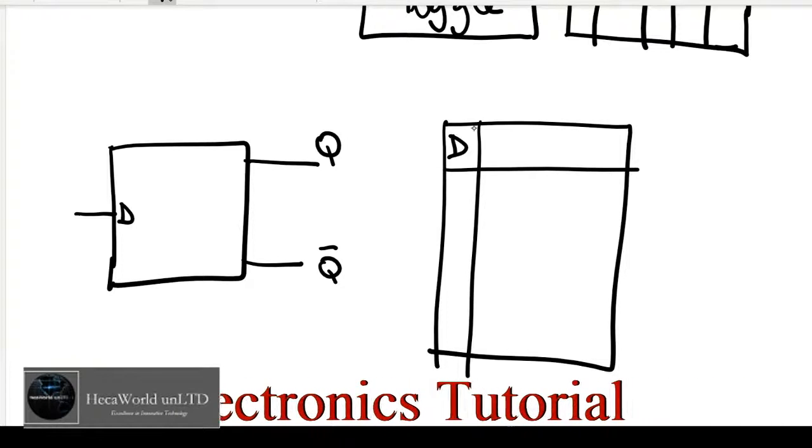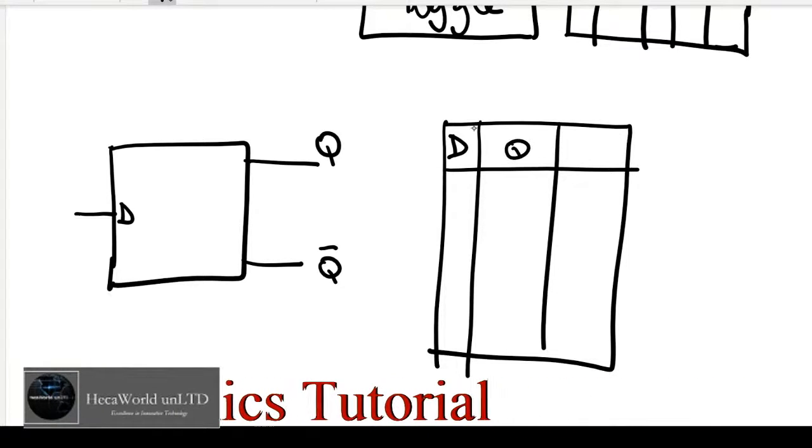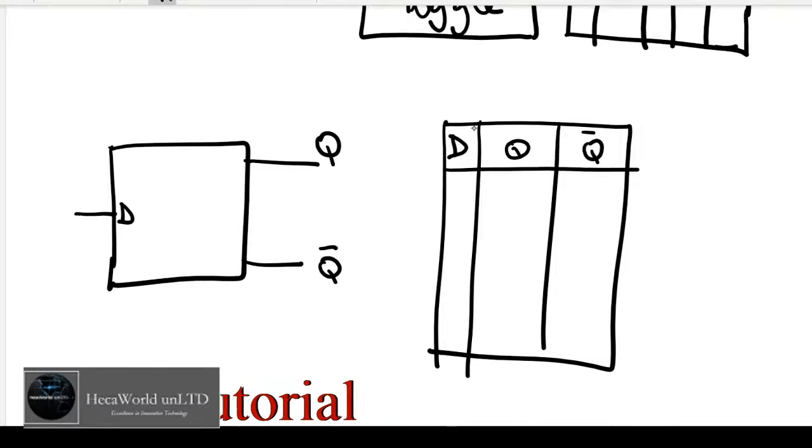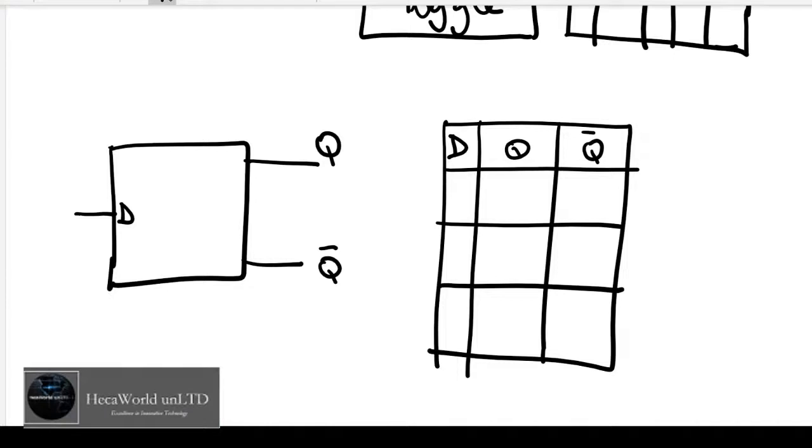This is D, this is Q, this is not Q. Not Q means it is not Q. So in this word of ones and zeros, if it is not 1, then it's 0. If it's not 0, then it is 1. That's what it means.